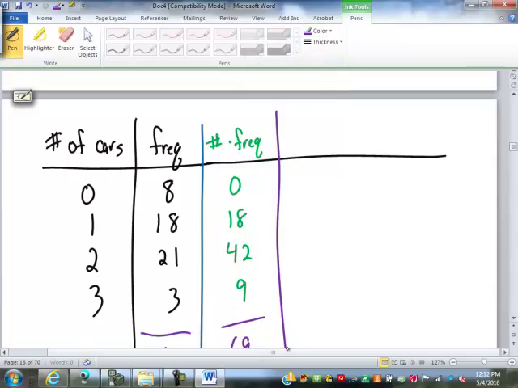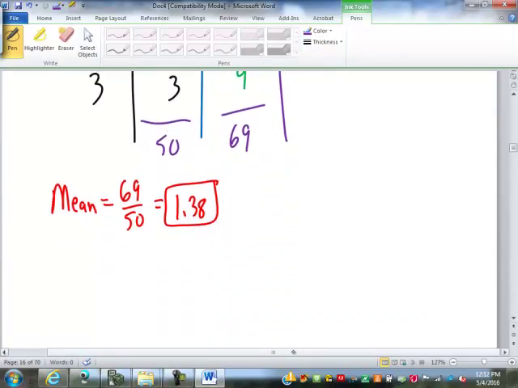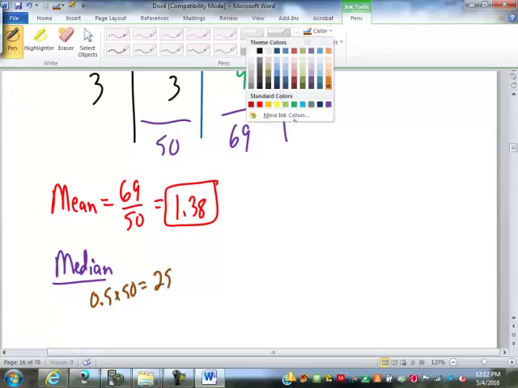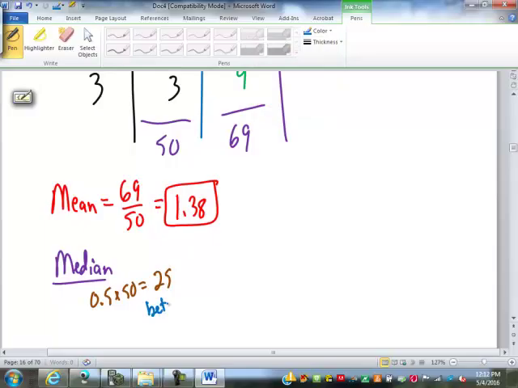So let's do the median while we're here. Median out of 50, so you do 0.5 times 50, which is 25. That's telling you it's between the 25th and 26th items in the list.